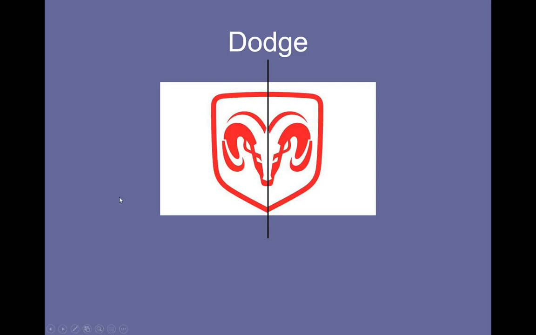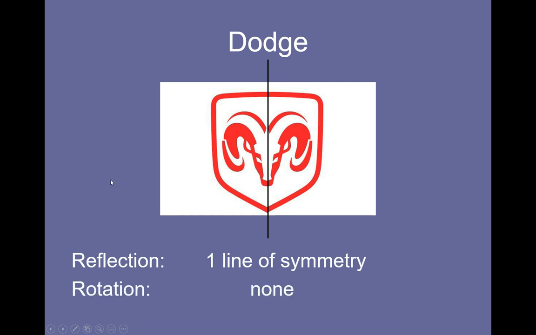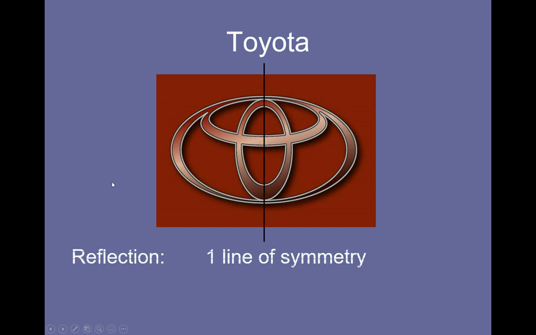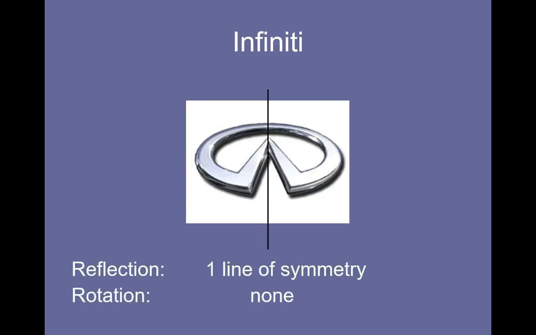It's kind of interesting to see how a lot of logos use symmetry. No rotational. Toyota, good job. Lexus. No, that's another one with an A. Infinity. It looks like 1 line of symmetry, no rotational.